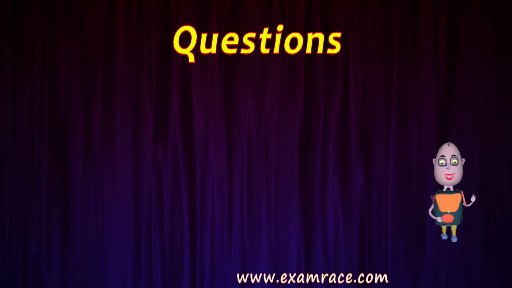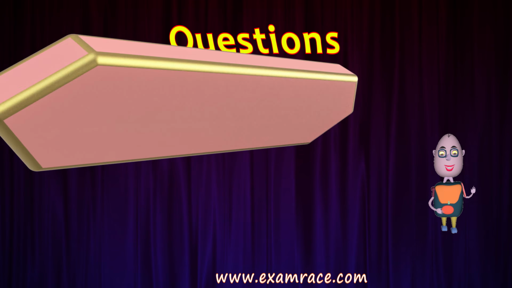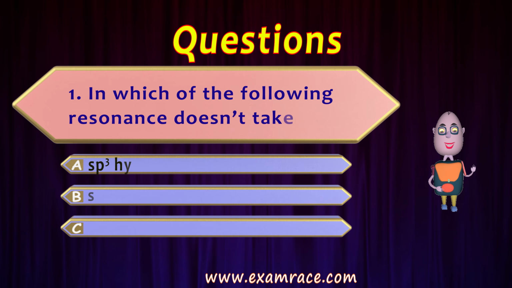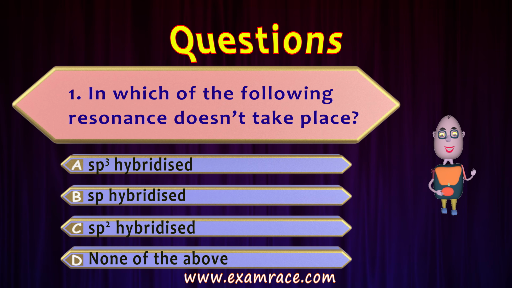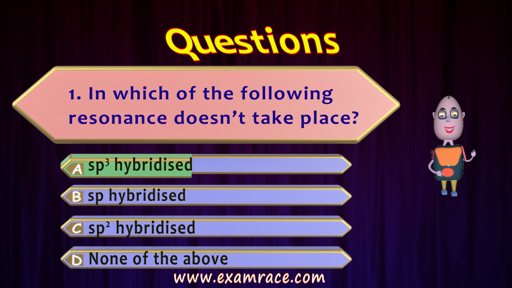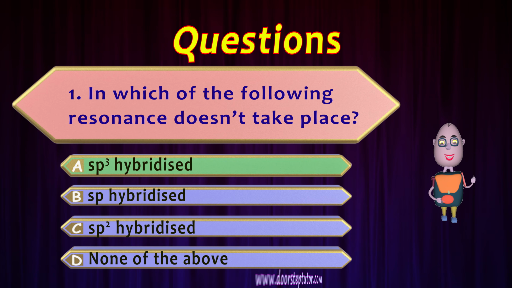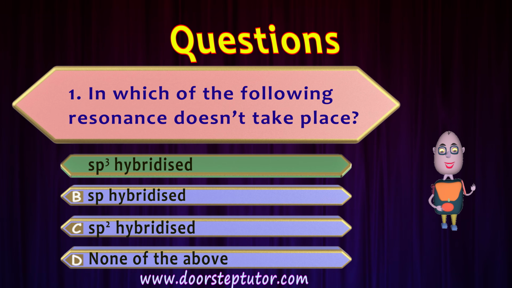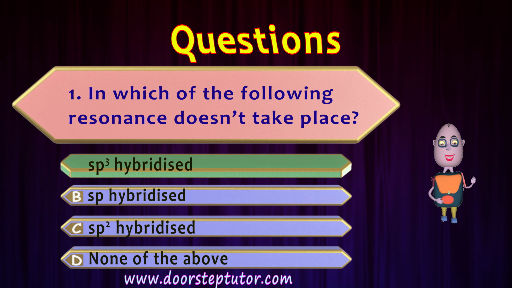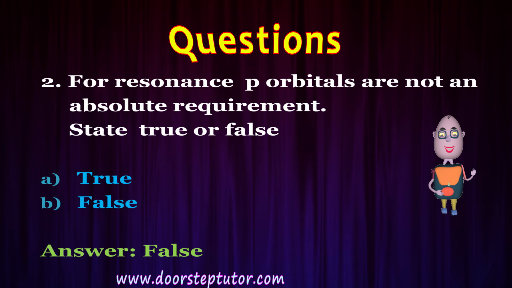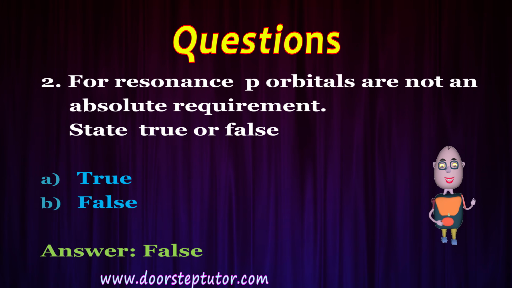Let's talk about the objective questions related to this topic. The first question is, in which of the following does resonance not take place? We just studied that, and the answer is sp3 hybridized atom, which does not show resonance or resonating structures. The second question is, for resonance, p orbitals are not an absolute requirement.